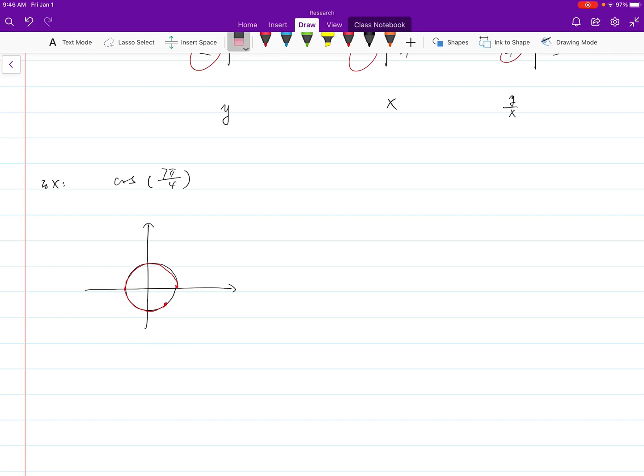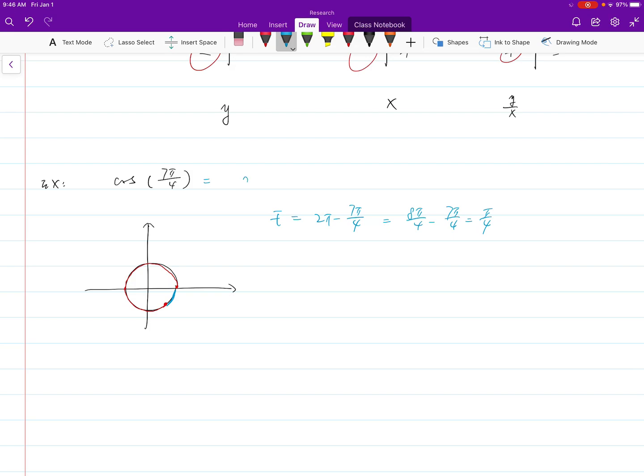For 7 pi over 4, you need to go another pi over 4. Therefore, that is the terminal point. Then your reference number t bar equals 2 pi minus 7 pi over 4, which is 8 pi over 4 minus 7 pi over 4, which gives you pi over 4.